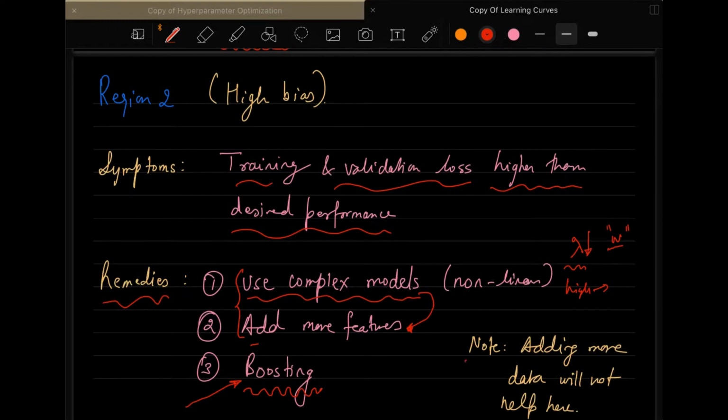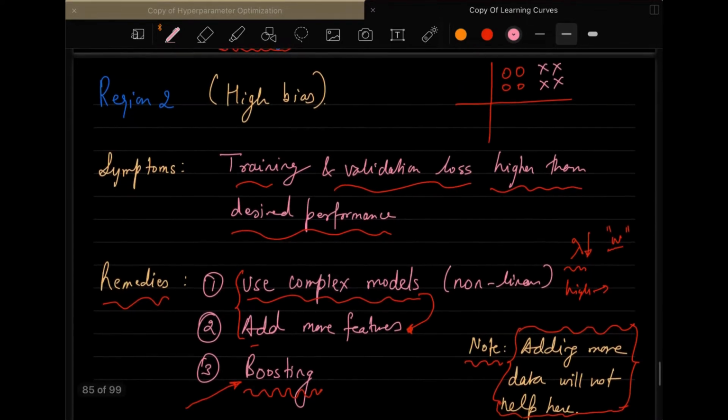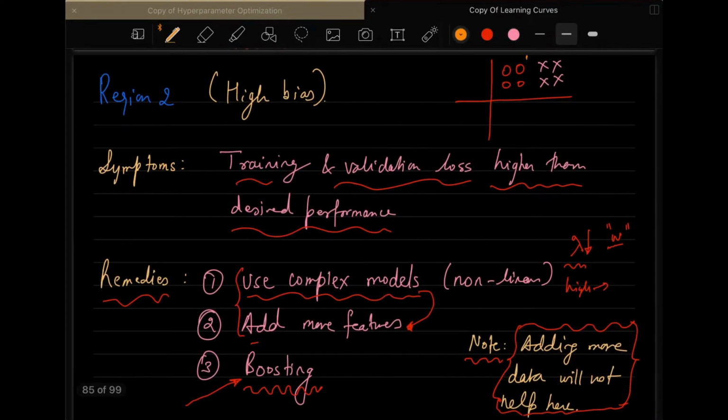Also note, when your model is suffering from high bias, even if you collect more data, it will not help you out. This can be seen pictorially also. If you have some classes like this, and one class is this and another class is like this, and your model has a high bias, then obviously the model will be doing something like this.